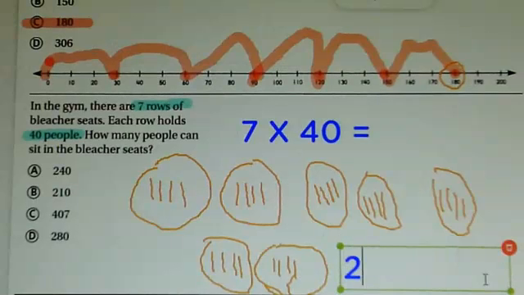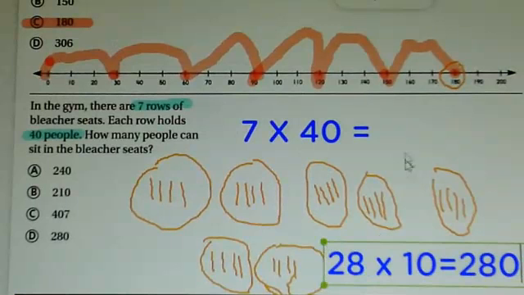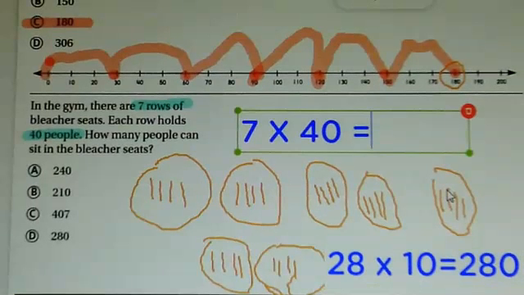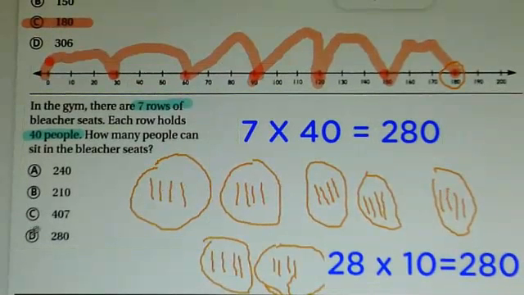So that's the same as saying 28 times 10, which equals, who remembers? That's right, I would write 28 and then add a 0. So 28 times 10 is 280. So 7 times 40 equals 280. My answer is 280.